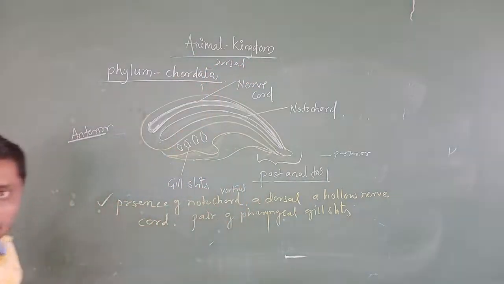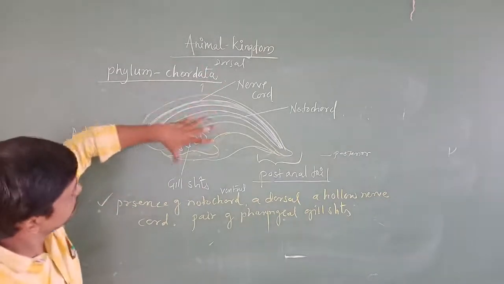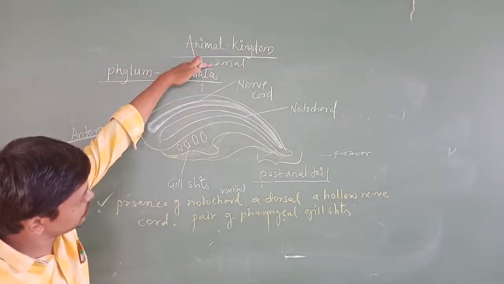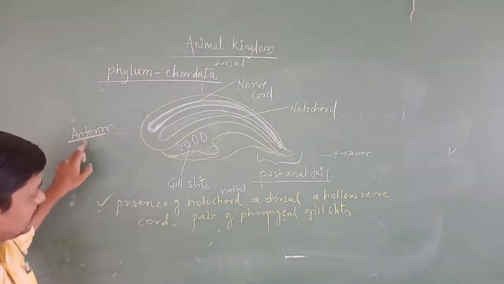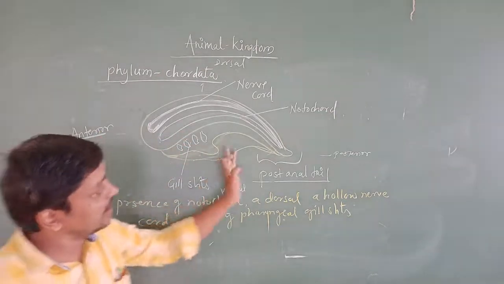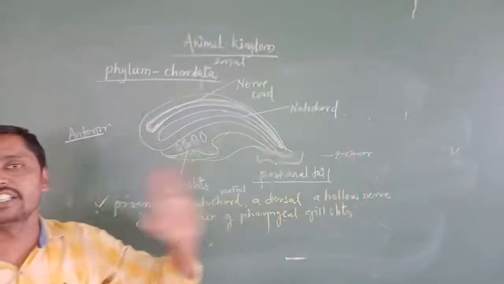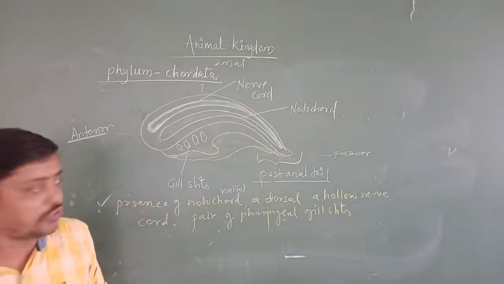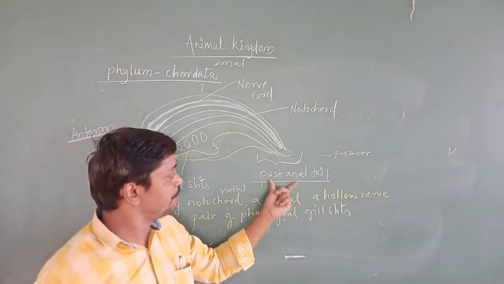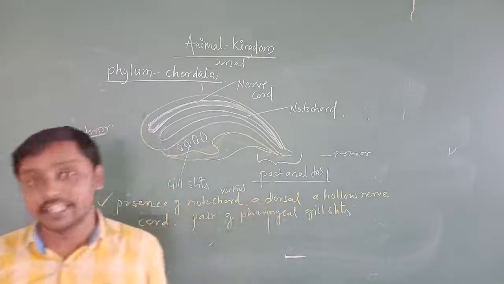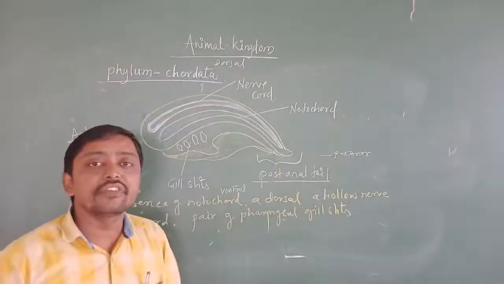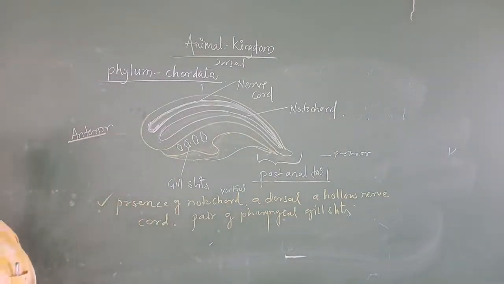Understood? Above this structure there is dorsal, this is the front, anterior, below is ventral, and the tail region is the posterior. That's why here I have written post-anal tail. A tail is there, which is also a basic fundamental character of chordates.